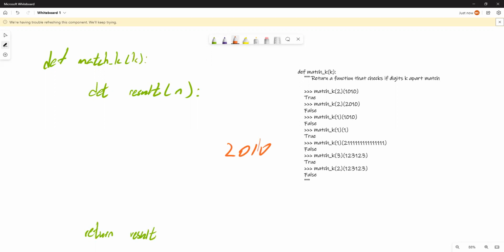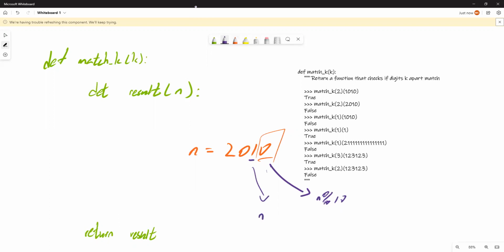Take 2010. How do you get 0? If n is 2010, you can use n percent 10. That gives the rightmost digit, so we put a 0. Right here, this one is n % 10. And how about this one?